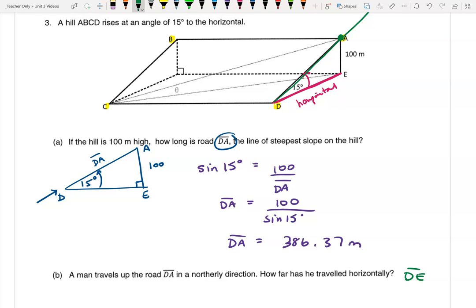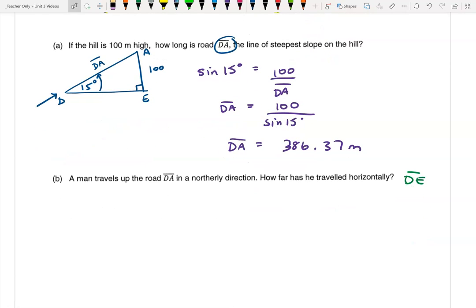So we've got all the information we need to find DE from our previous question. So using that right angle triangle we've created, we can find DE, and we can do this by either using again a trig ratio, or we could find it using Pythagoras because we actually know DA, the hypotenuse, and a shorter side. So if we're using Pythagoras, DE would be the square root of DA squared take 100 squared and we could work that out.